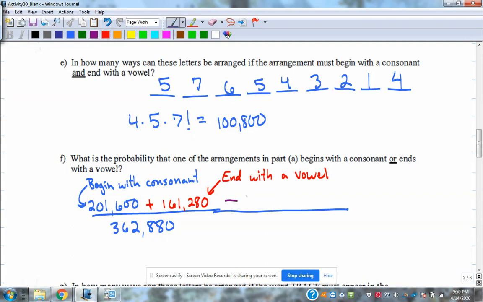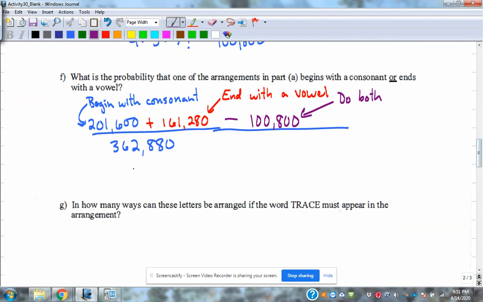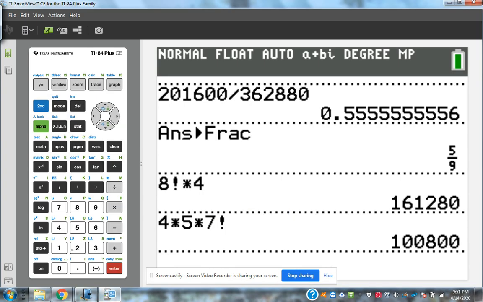So we subtract away the 100,800 that do both. We do that, and that's going to give us 262,080 over 362,880. All right, so we'll show that math there.